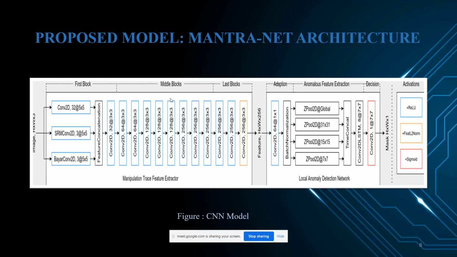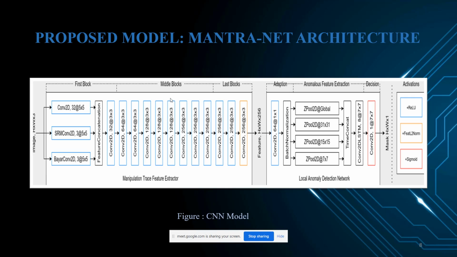The manipulation trace feature extractor is used for classifying more than 385 types of image forgeries, which includes the basic manipulations as well as the more complex manipulations, such as DNN-based manipulations and sequential manipulations.